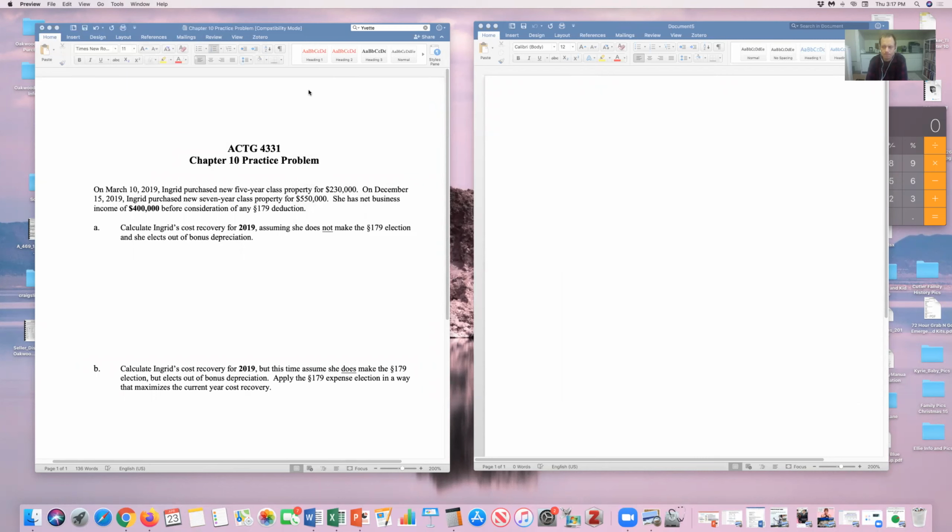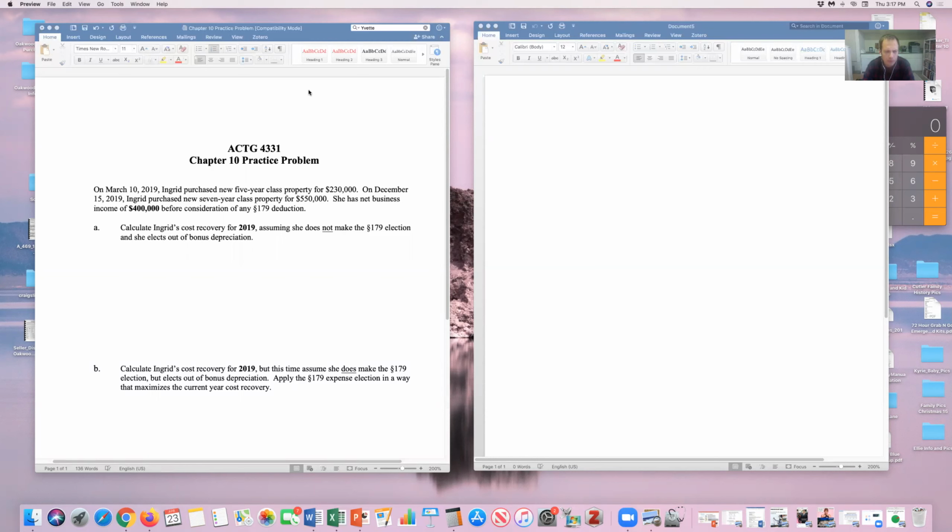All right. This problem is going to deal with Ingrid, right? Ingrid runs a business. She purchased new 5-year class property, so we're already told the recovery period. Its cost was $230,000. Let's go ahead and keep track of this stuff.